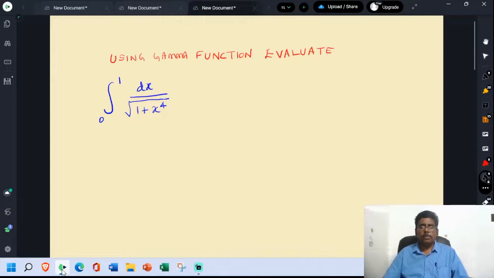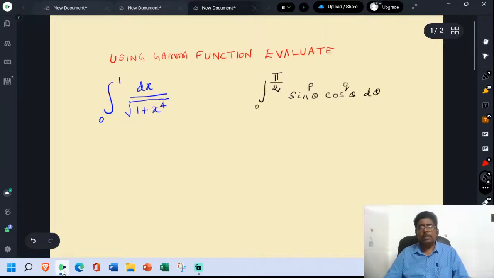we have to bring this integral to the form integral limit varying from 0 to pi by 2 sin power p theta cos power q theta d theta.